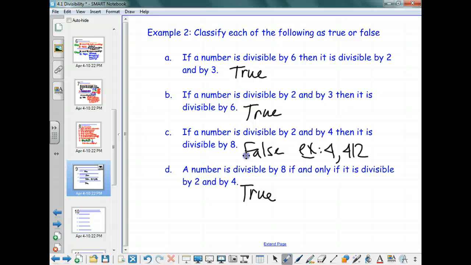If a number is divisible by 8, if and only if it's divisible by 2 and 4. Actually, I wrote it wrong. If this said if, it would be true. Okay, so if I mark that part out, it's true. But because it says if and only if, what does that mean? It has to go both ways, and if I switch it, it looks just like C, doesn't it?